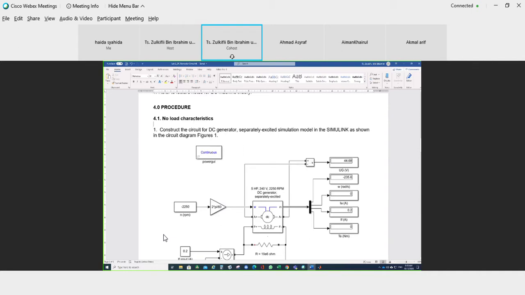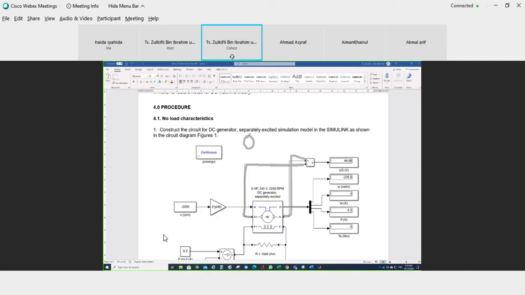No load maksudnya this is no load. No load maksudnya kita tap directly from the armature punya voltage, kan? The voltage output lah. So kalau ingat the drawing will be like this.